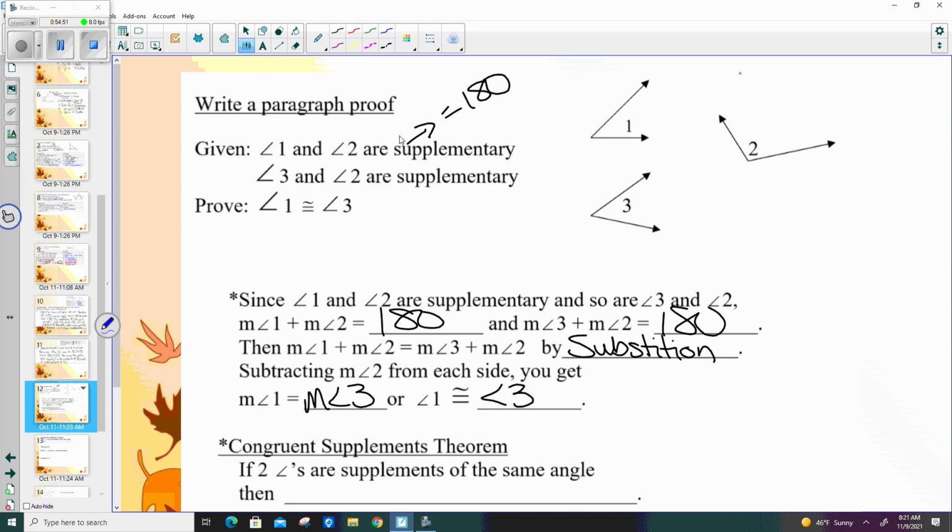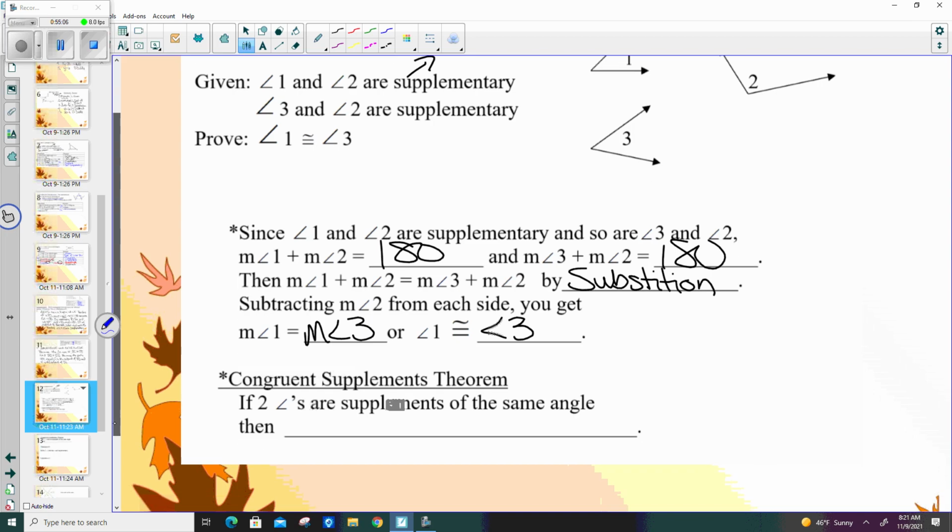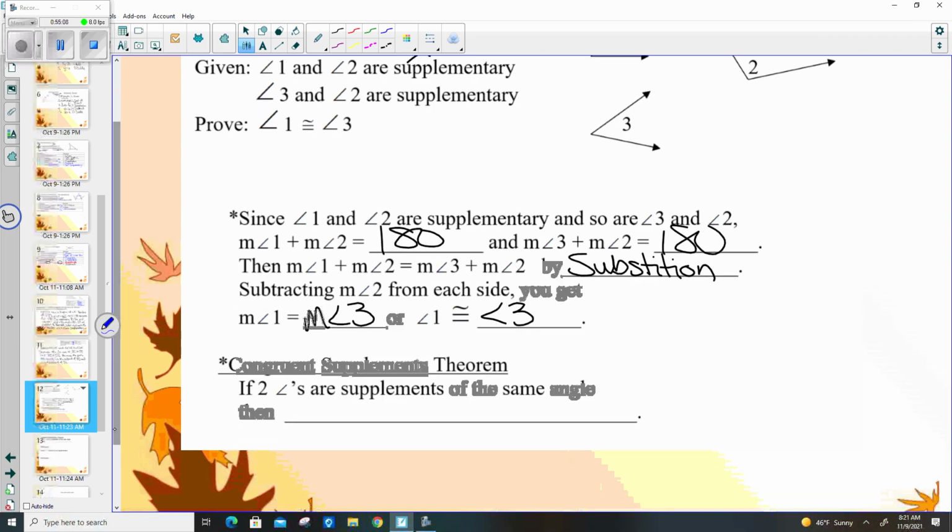So we know that angle 1 is congruent to angle 3. And what we just did a proof of, geometric proof proves it for all times, is the congruent supplements theorem. If two angles are supplements of the same angle, then they are congruent.